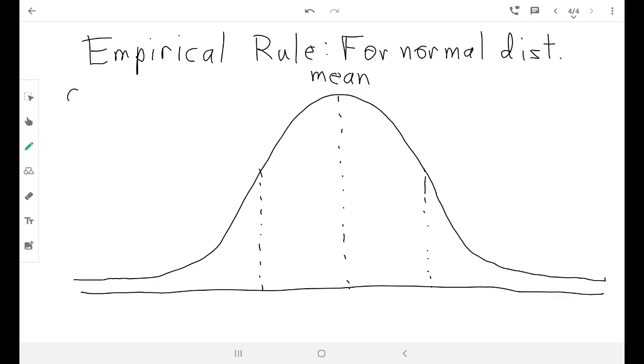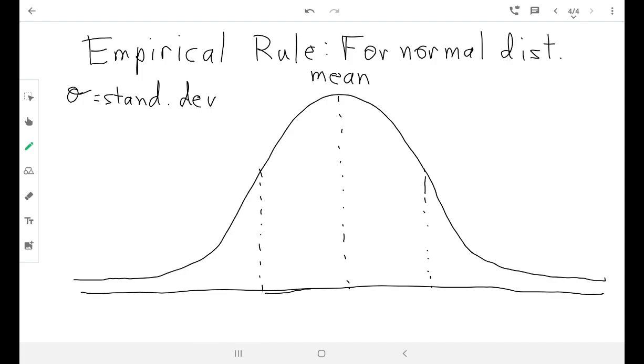I'm going to use that symbol again for standard deviation. Remember, we talked about standard deviation in a previous section. We calculated it. Now I'm going to show you exactly where it goes and how it deals.